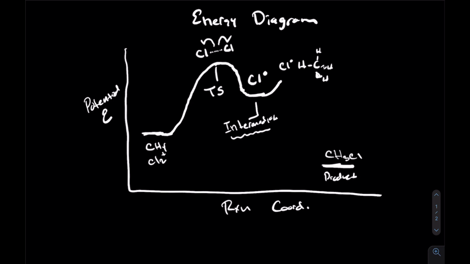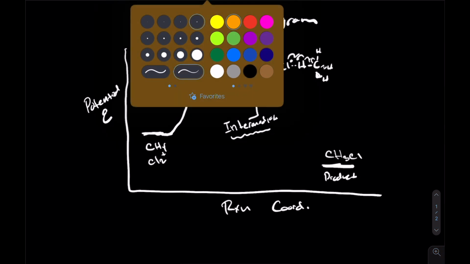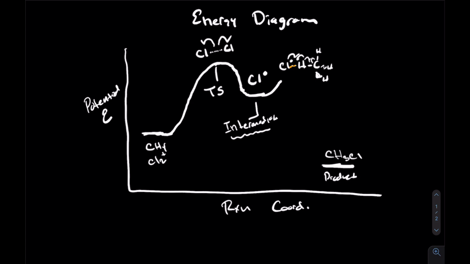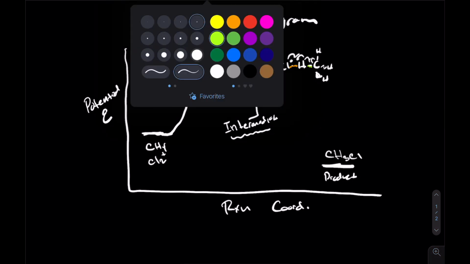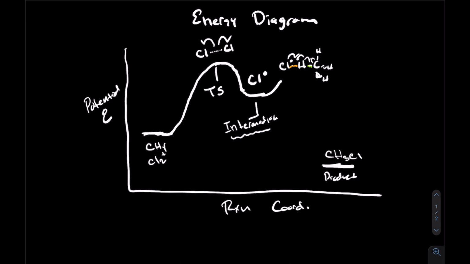And that abstraction is going to be formation of HCl. There's all these bond formations and bonds breaking. I can try to illustrate: this chlorine is going to form a bond with that H, but this bond here is starting to break. This looks like it's violating octet rules. This sort of bizarre structure is another higher energy transition state on its way to form HCl.